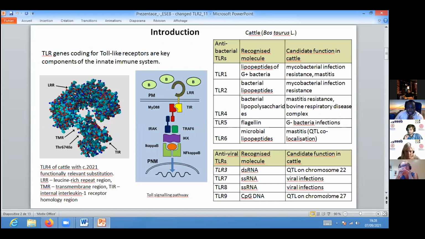So the protein product consists of an inner region, which is the extracellular part of the protein, the transmembrane part, and also an intracellular part. We all know that the TLR diversity in livestock species has been characterized in many projects and associated papers.